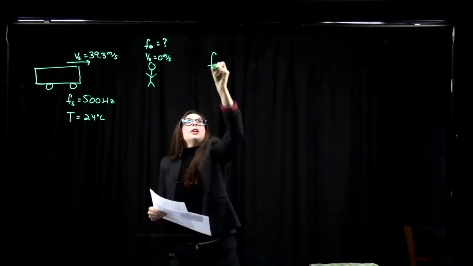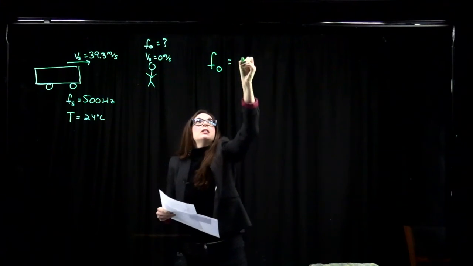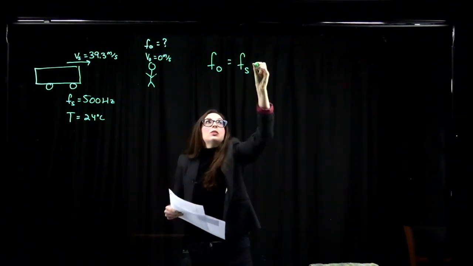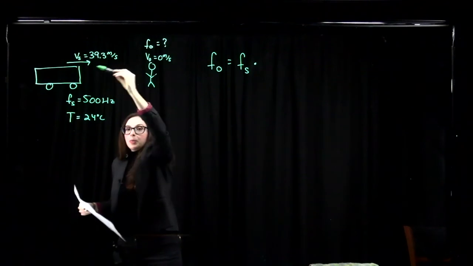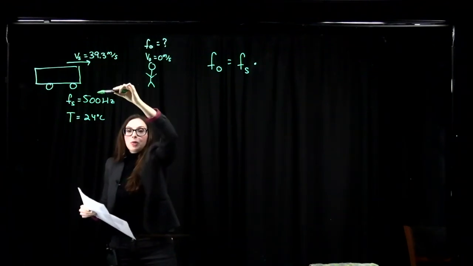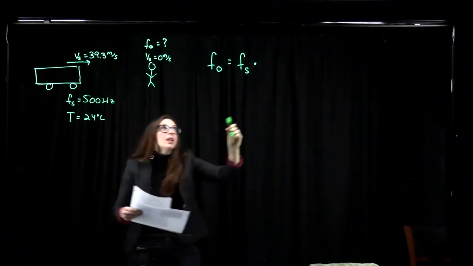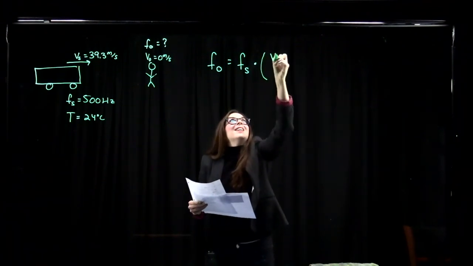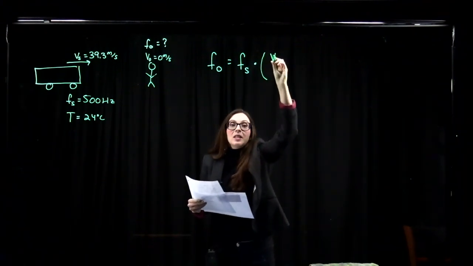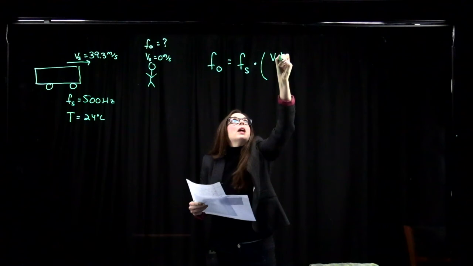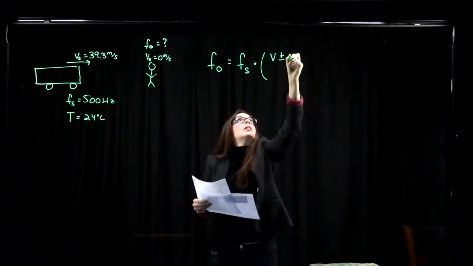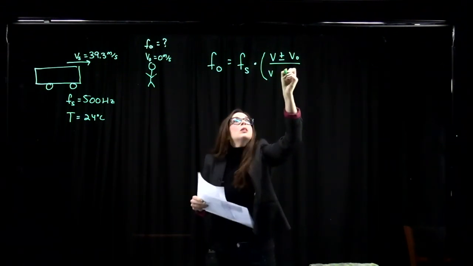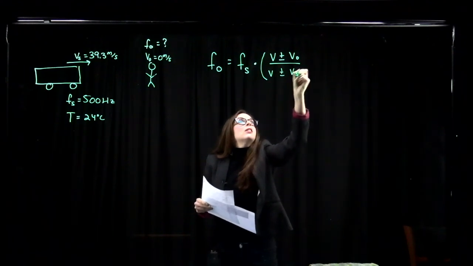So the frequency of sound that our observer hears is equal to the frequency that the source emits, the frequency emitted by the source if we were sitting right on the source, this is the frequency of that whistle, times V, which is the speed of sound, plus or minus the velocity of the observer, divided by V, plus or minus the velocity of the source.